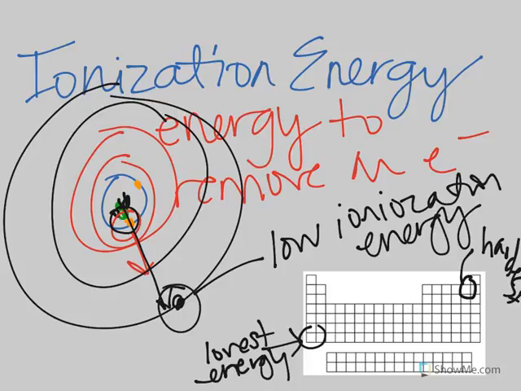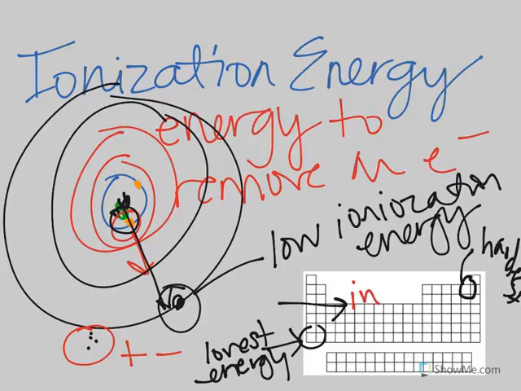Now, as you move left to right across the periodic table, you again are increasing the number of protons and electrons. As you increase the number of protons and electrons, again, that charge, the forces that come from all the positives and the negatives attracting each other, make a tighter bond.